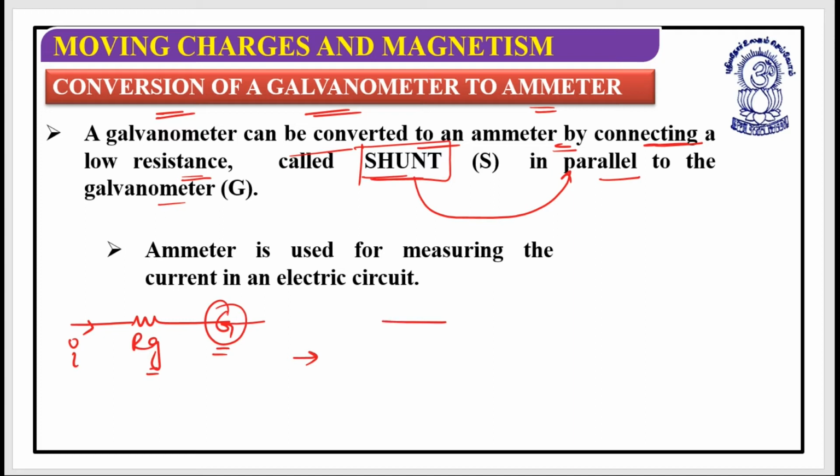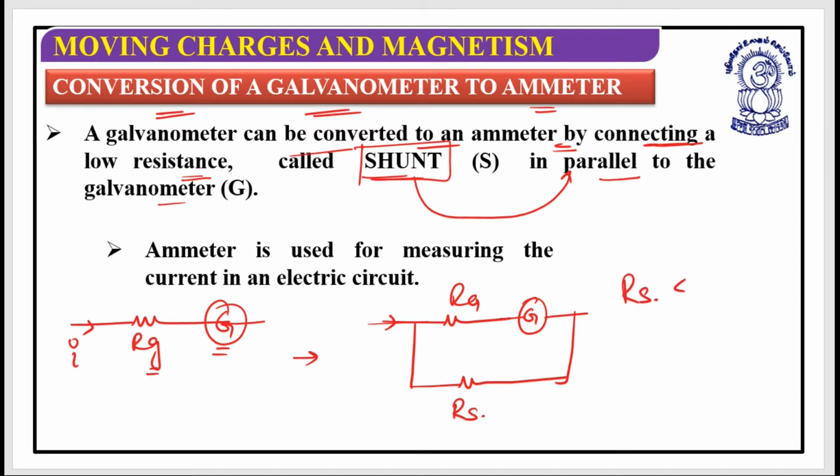This is again the galvanometer resistance and this is the galvanometer. We connect one resistance over here, this is RS, and we ensure that this shunt resistance is much lesser than the galvanometer resistance.